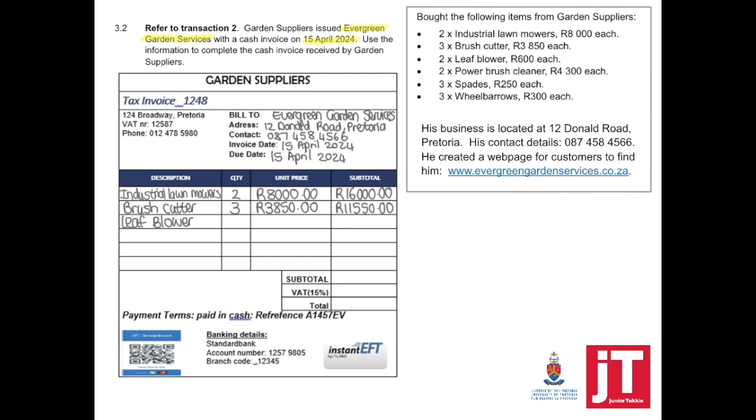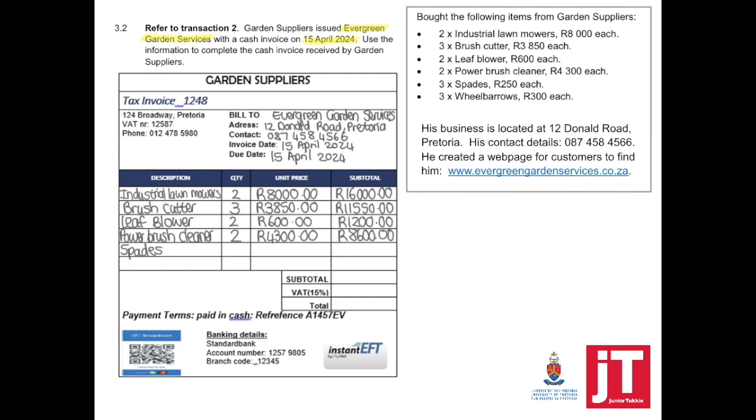Then we've purchased leaf blower, 2 items at 600 each. 2 times 600 equals 1,200. We've purchased 2 power brush cleaners at 4,300 each times 2 means in total it was 8,600 for those 2.